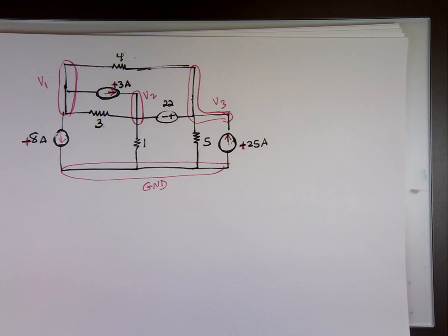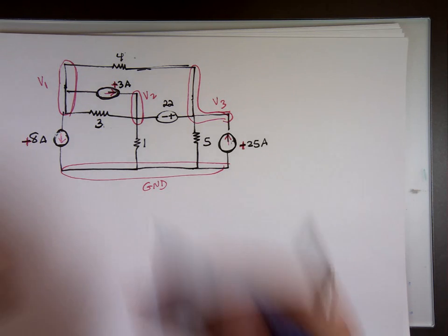So V1, V2, and V3 looks like 3 equations by 3 unknowns. But I'm going to have a problem. This is a sine current, any direction that you want.